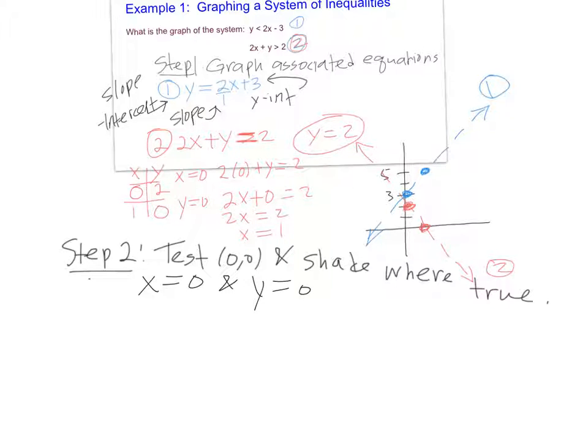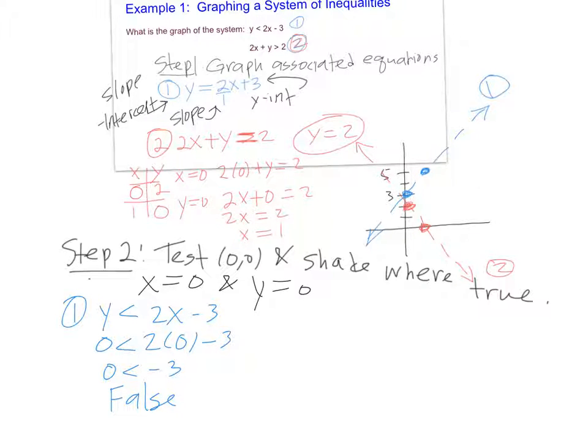We substitute those in for the variables in inequality number 1, y is less than 2x minus 3. So when x and y are both 0, I get 0 less than 2 times 0 minus 3, or 0 less than negative 3. Since 0 is not less than negative 3, that's false.